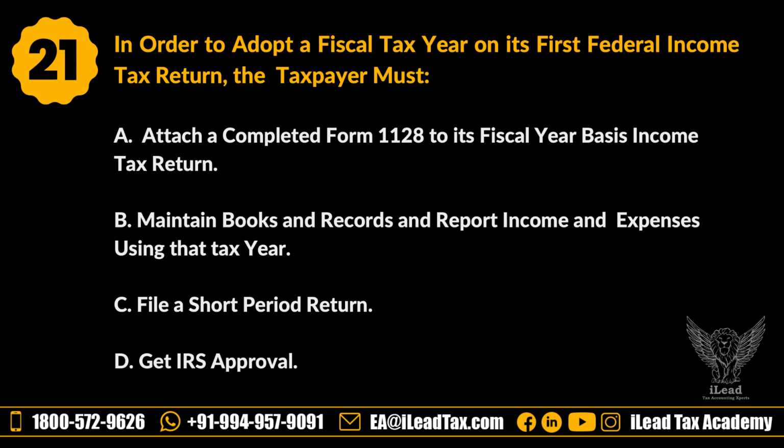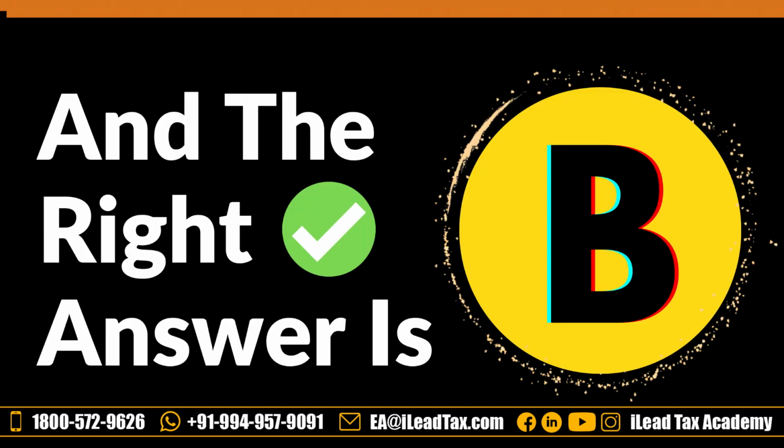Option D is also incorrect. Generally, a taxpayer does not need to obtain IRS approval to adopt a fiscal tax year on its first federal income tax return. The process for adopting a fiscal tax year is different from requesting a change in tax year, which may require IRS approval. So, option D is also wrong. Option B is the correct answer.